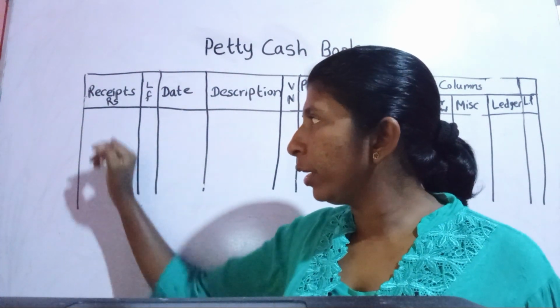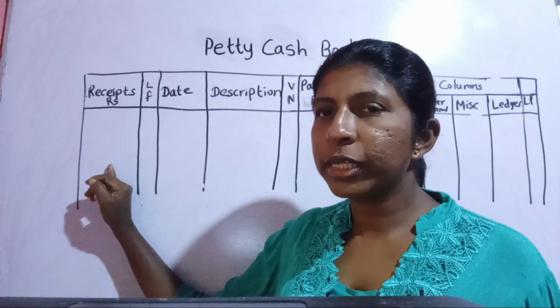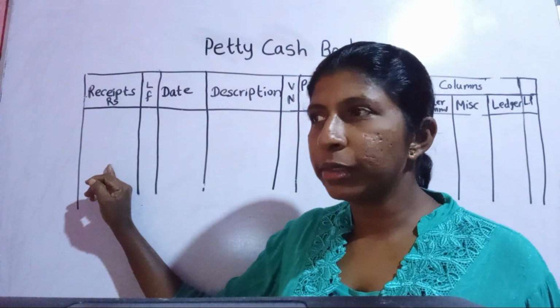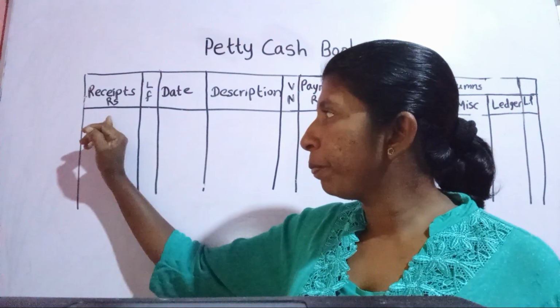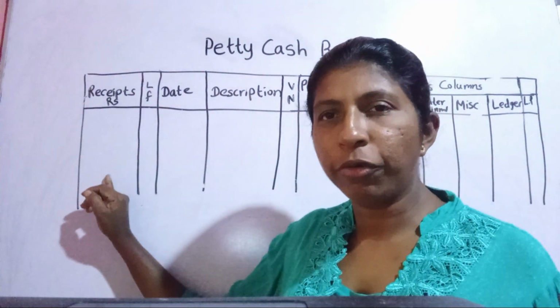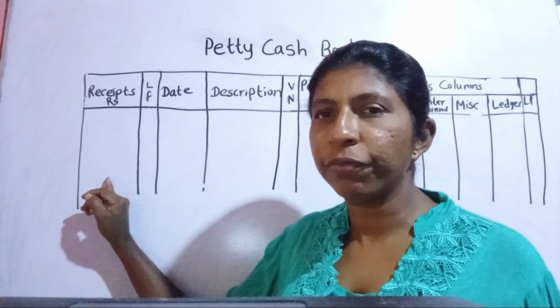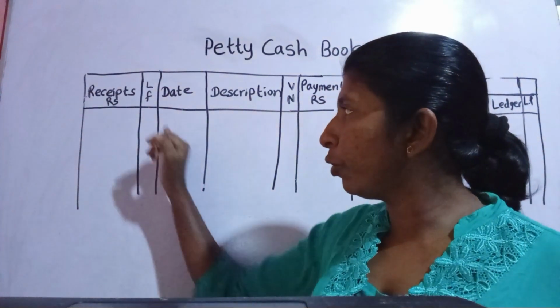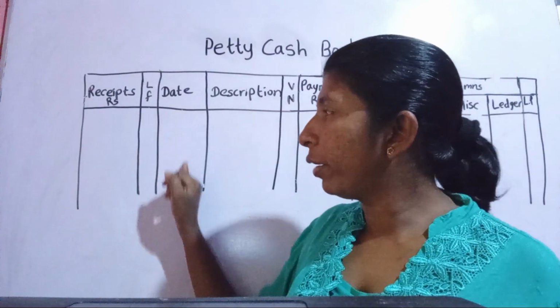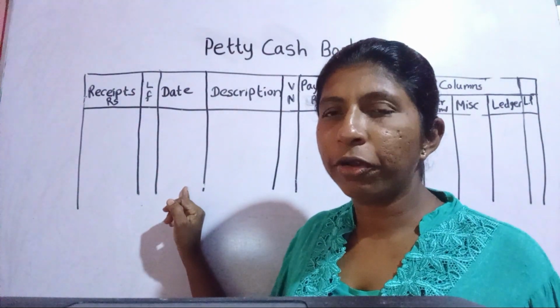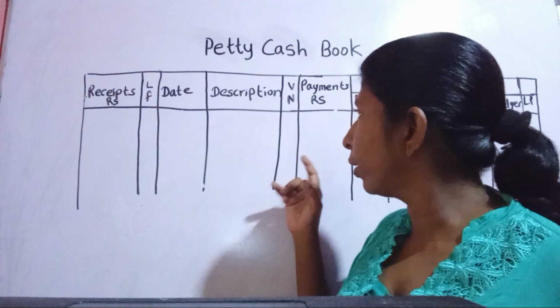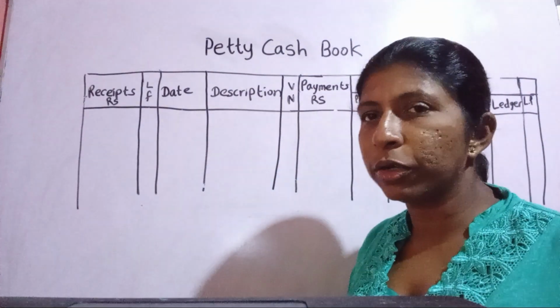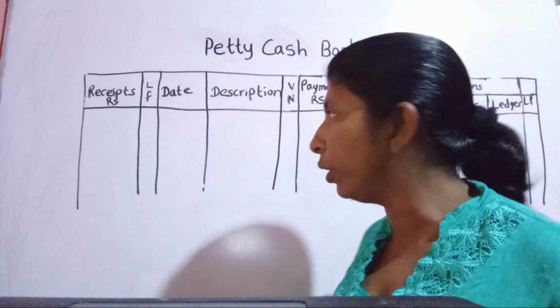That means the initial receipt, the opening of the petty cash imprest, and then reimbursement of petty cash out of main cash. Then here we use the ledger folio, and in the date column we write the date of receipt or payment. Then in the description column we write the description.